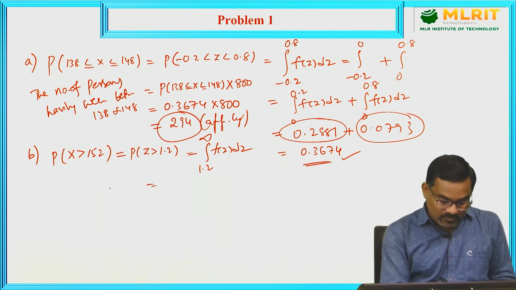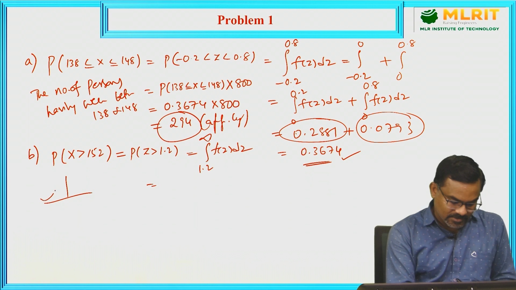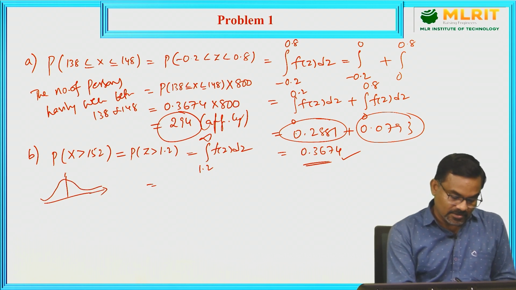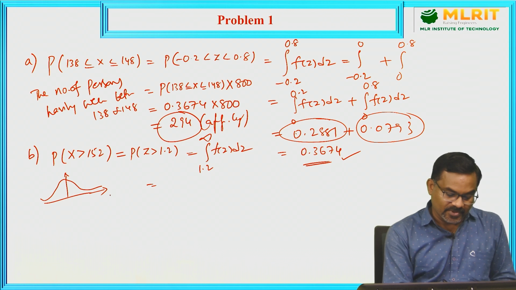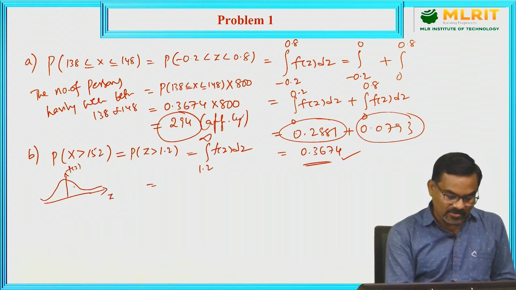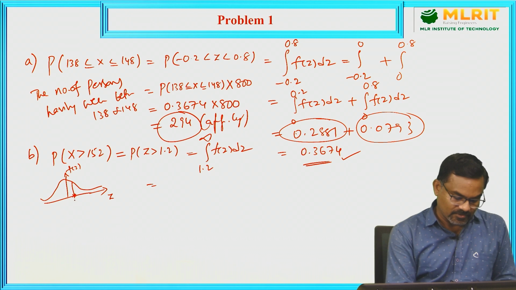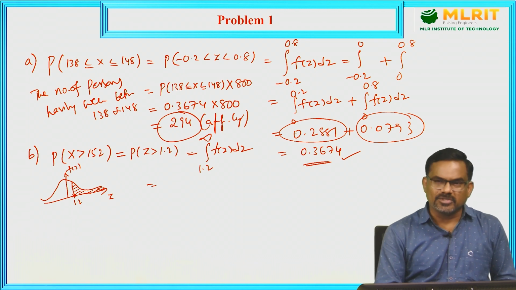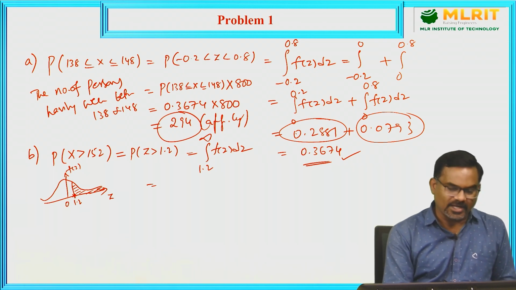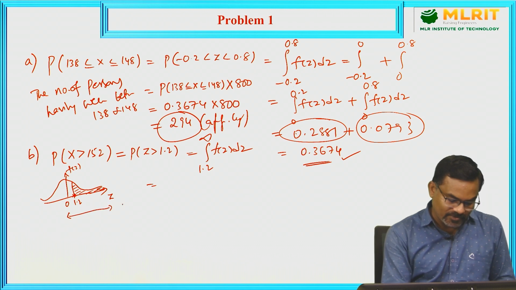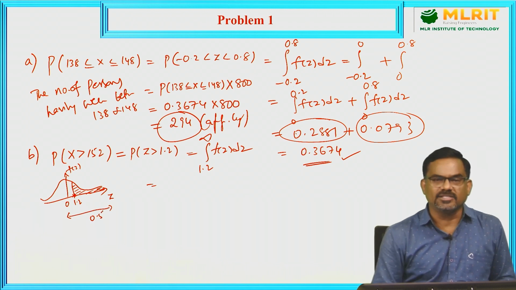And this is 1.2 to infinity, as we have calculated the values in the previous session. This is z and this is f of z, and the value is 1.2. We need to calculate this region from 1.2 to infinity. But using the standard normal table, we can calculate from 0 to some z only, and we know that from 0 to infinity the total area is 0.5.